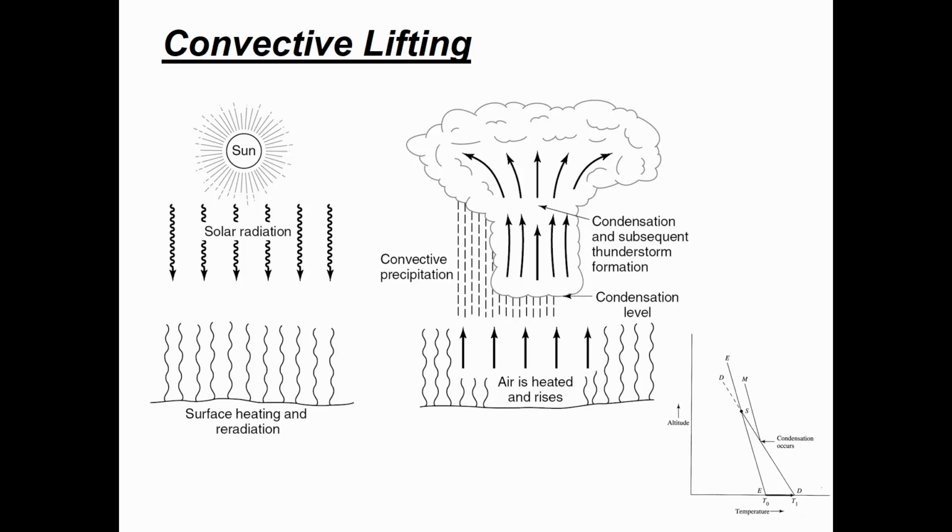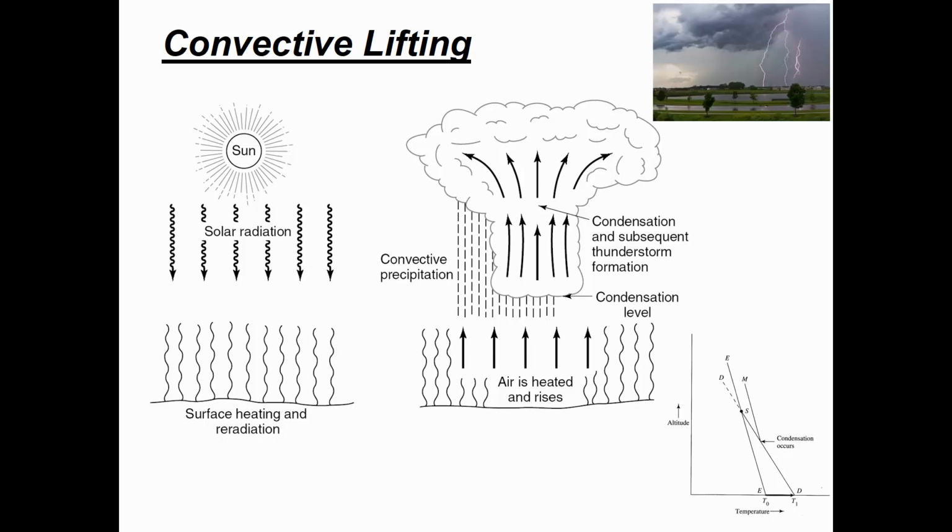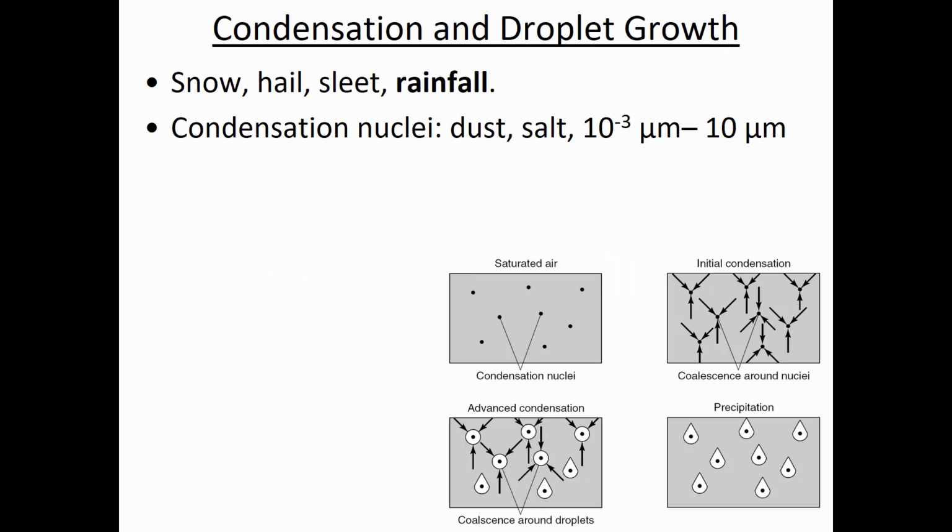And so you can do a graph of the relationship between relative humidity and temperature, and another graph that is the air cooling with elevation, and find the point of intersection. But on a more qualitative basis, what you need to just remember is that the sun heats the surface, the air rises, it cools, and then it precipitates for all the same reasons that we've talked about before.